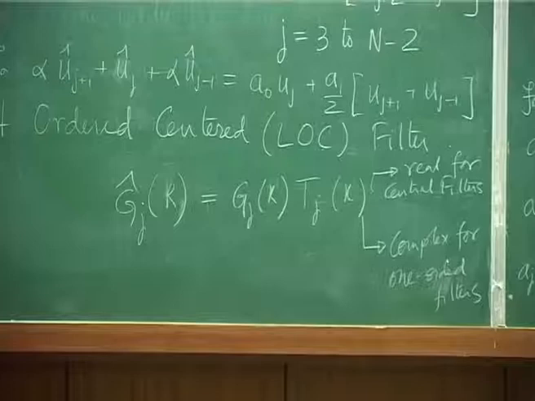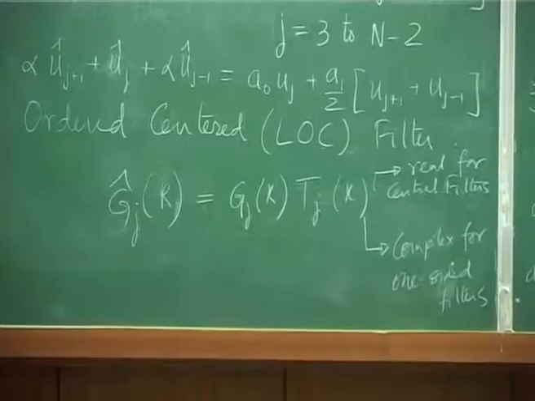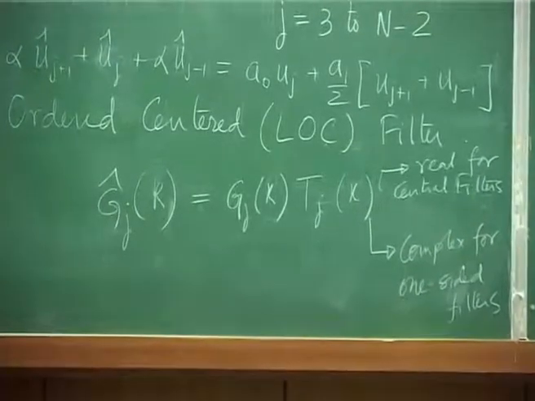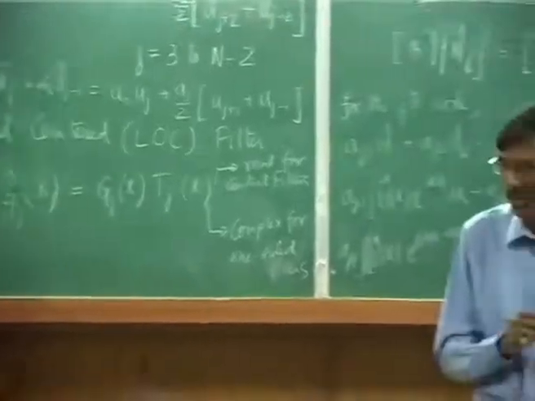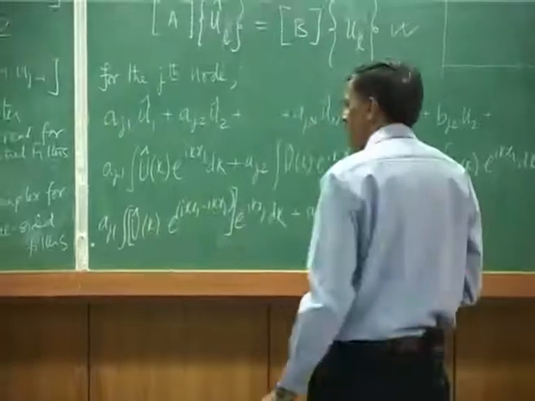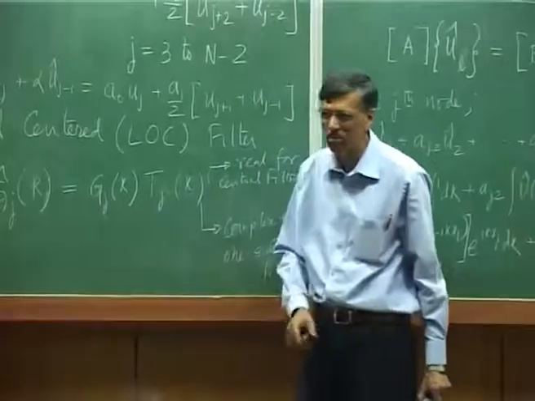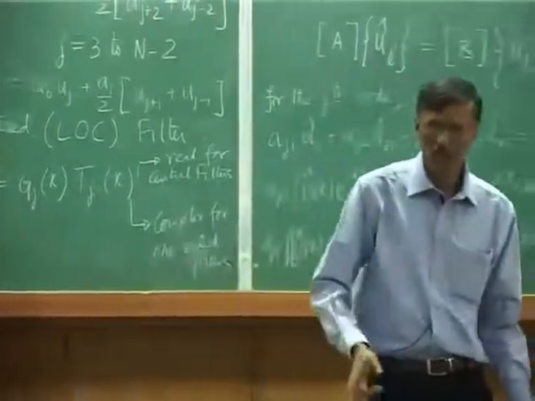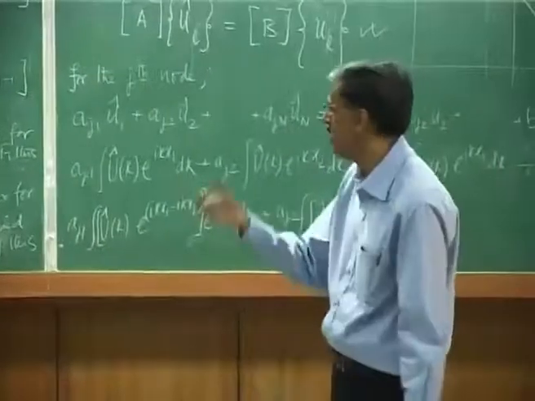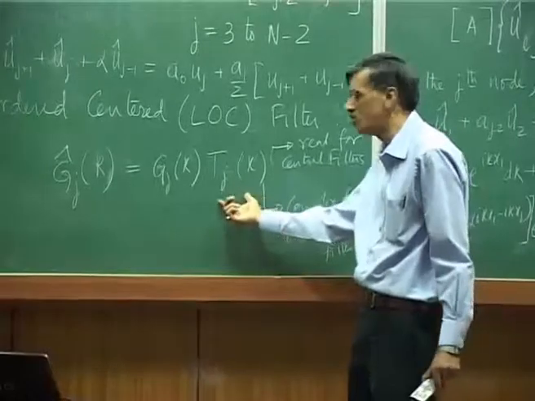Now, if you recall, for all those error analyses that we have done, we have seen G itself can be complex, and its real and imaginary parts fix the phase shift, and that helped us in finding out C of n, remember, the numerical phase speed. So, suppose you have struggled to get some good combination of kh and Nc to get a correct value of G j of k, but somehow it becomes slightly unstable. Then you are trying to use this filter to bring it down to its neutral case.